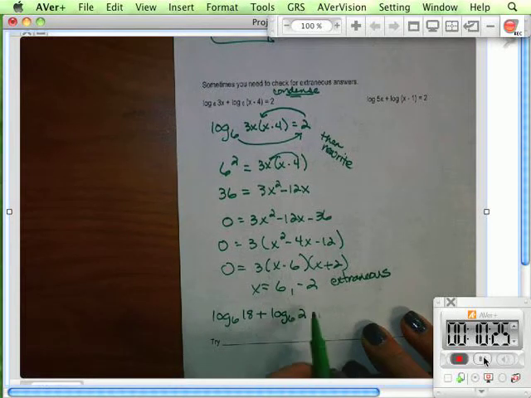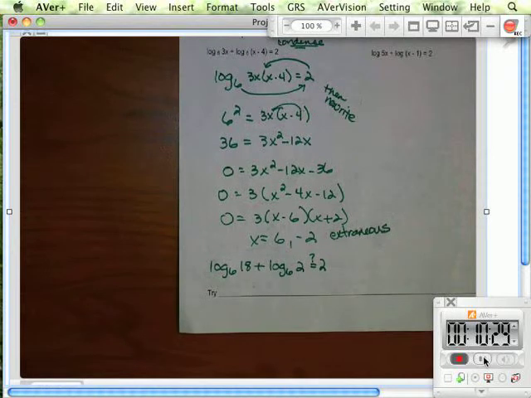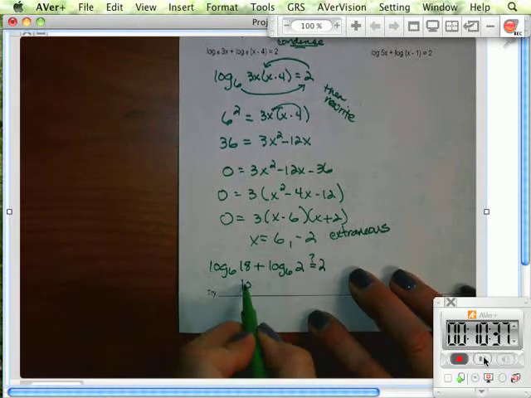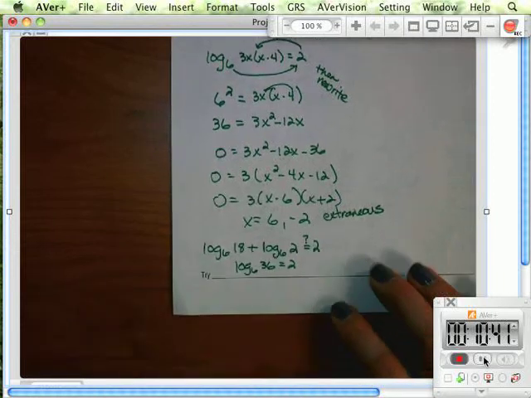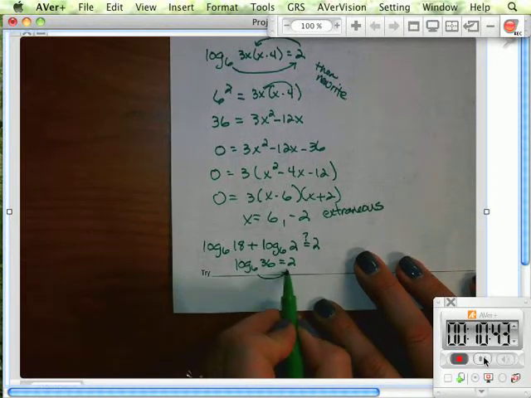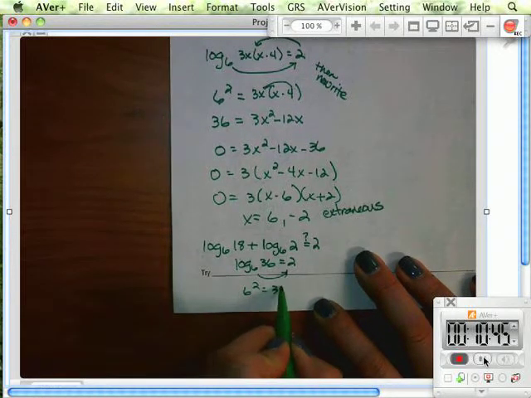Does that equal 2? Do you know how to do that? Can we condense? Yeah, let's condense. Log base 6 of 36. Does that equal 2? If I rewrite it, 6 squared equals 36. This is a true statement, isn't it?